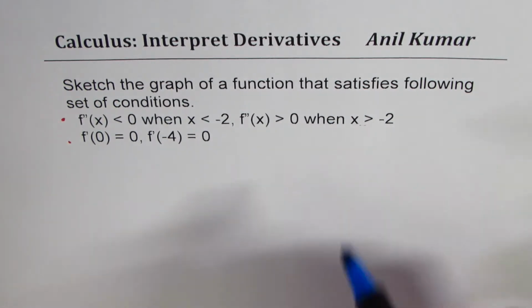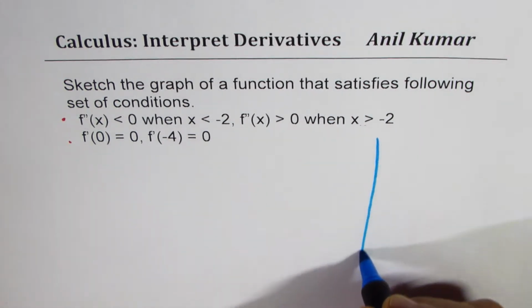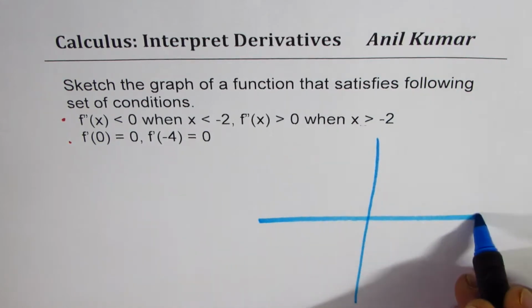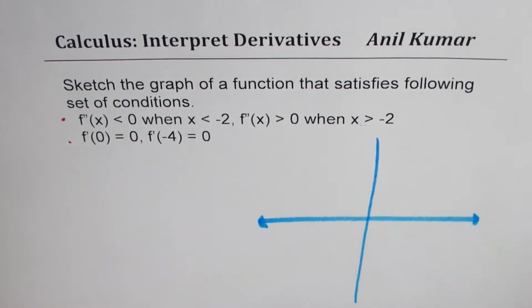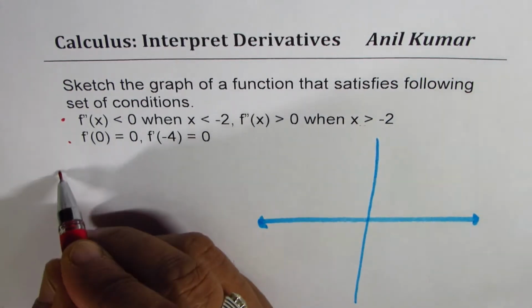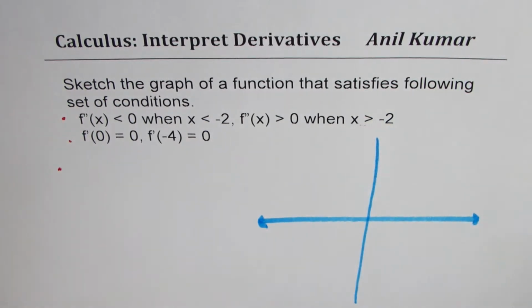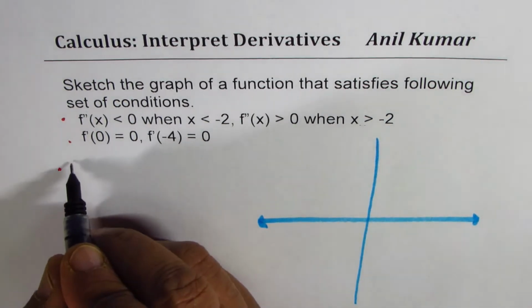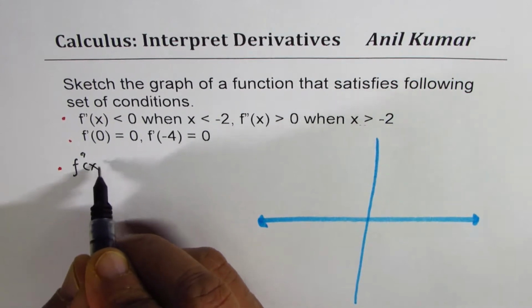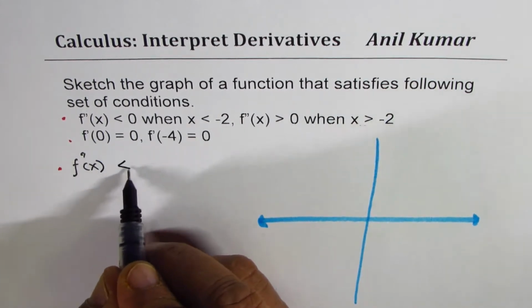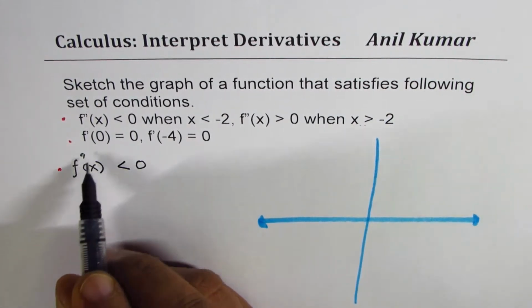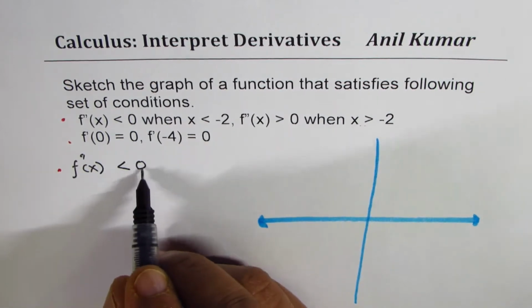So whenever you see the second derivative, think about concave up and concave down. That will always help. So let me rewrite this here and we will see how we interpret it. The whole idea for this particular video is to understand and interpret the information, right? Second derivative is less than 0.